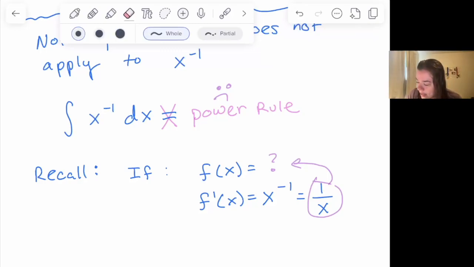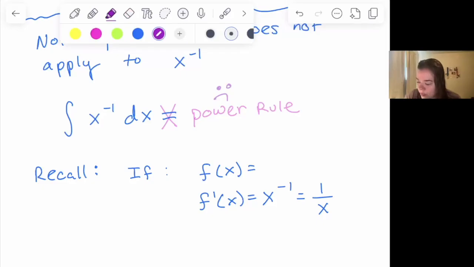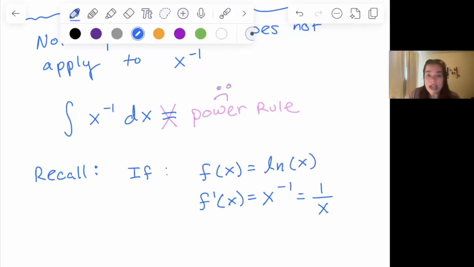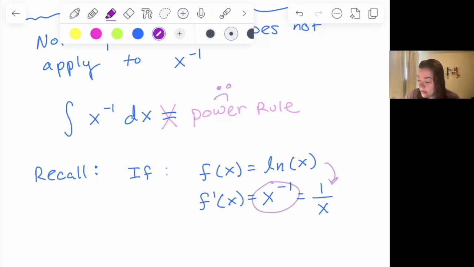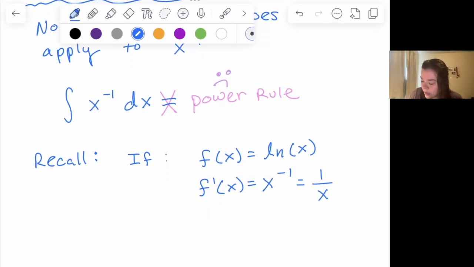And the answer to that, if you recall, was your natural log function. The natural log of x has a derivative of 1 over x or x to the negative 1. Those say the same thing. So this is a rule you have to recall.